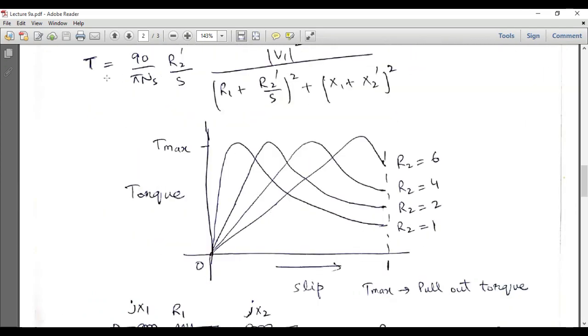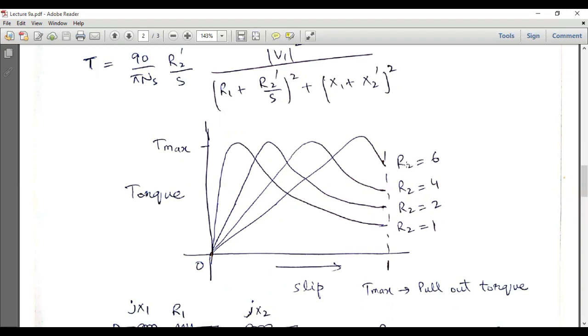So when we try to plot this expression of torque at various rotor resistances, we get these curves, and these curves are taken for the torque with respect to the slip. So if we vary this slip from 0 to 1, we get such a curve for a given value of rotor resistance.